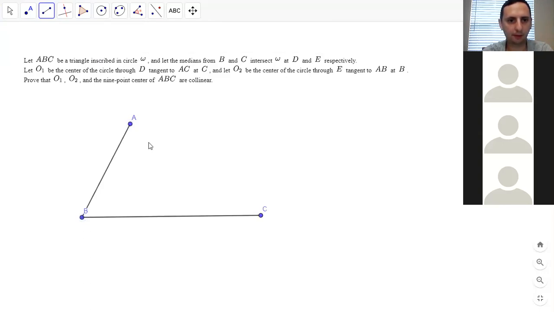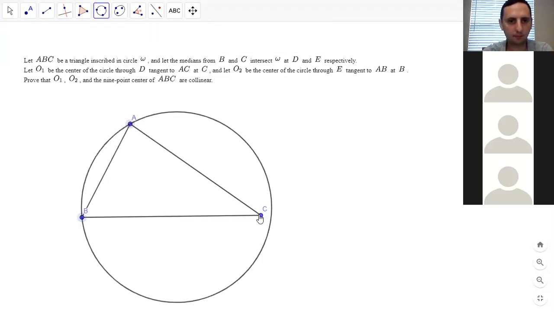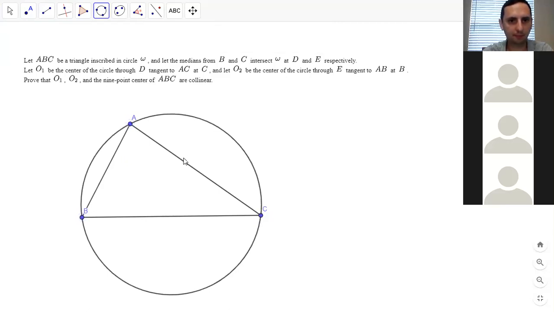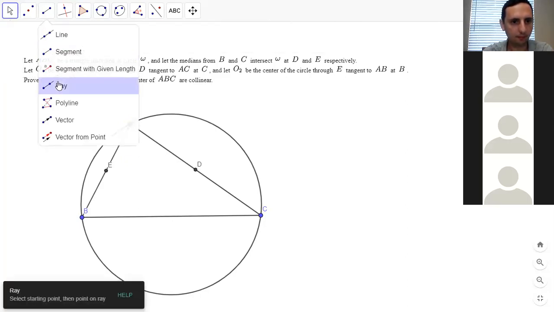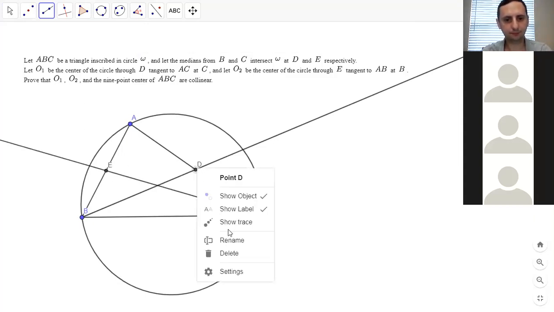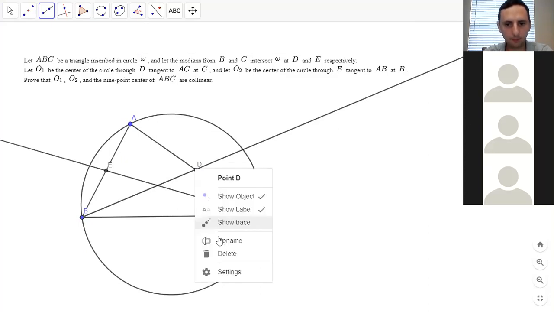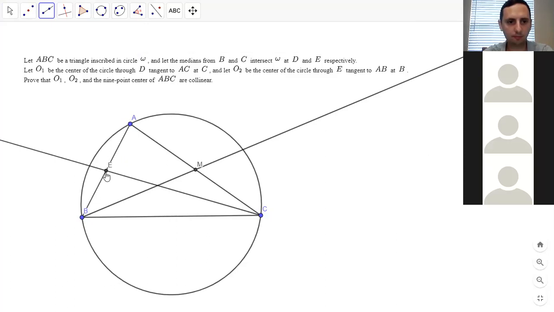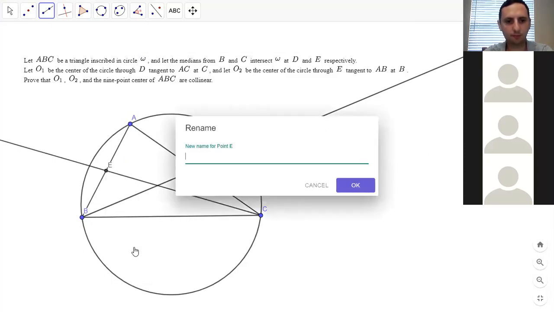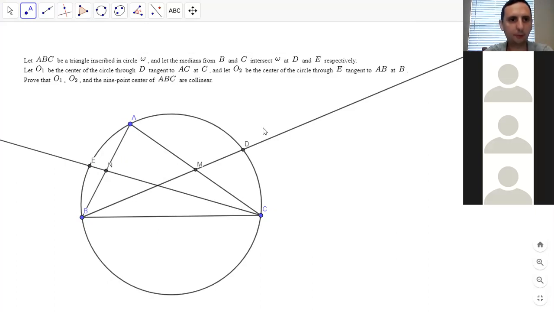And then we draw the medians from B and C. But we don't want, so I'll call these midpoints something else, maybe M and N. And then it intersects the circle at D and E. And then we draw the circle through D tangent to AC at C.